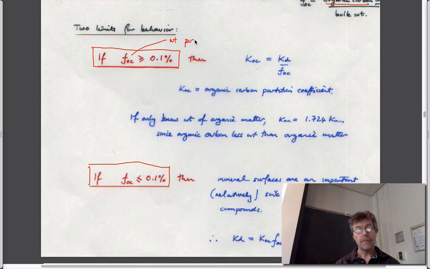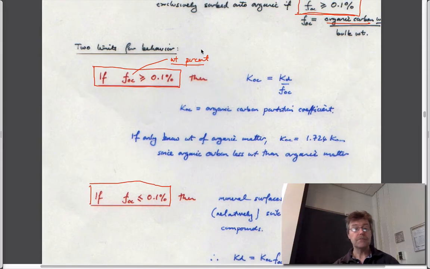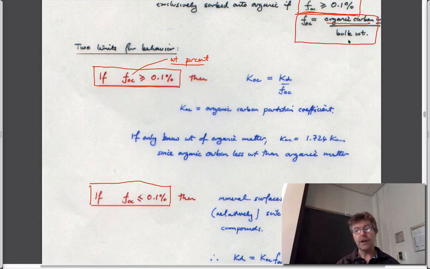Which is probably important because carbon is typically much lighter than quartz, so it's important. And I guess that's defined up here. So it's the weight of organic carbon divided by the bulk weight of the aquifer you have.